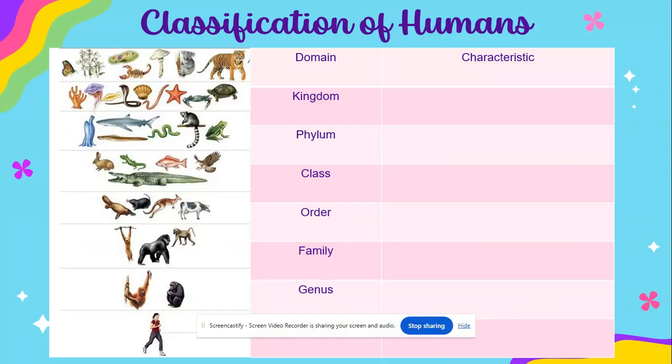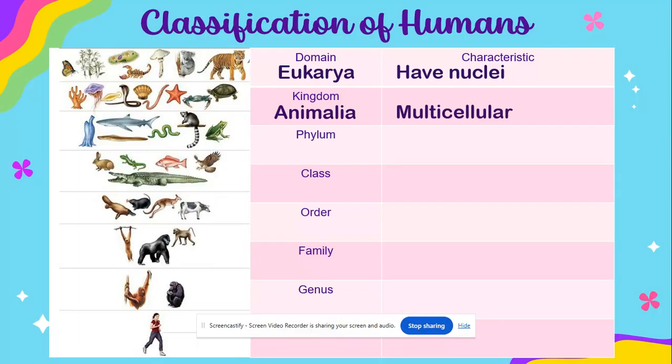Now we're going to go through the classification of humans from domain to species. So you'll copy down the name of each of our classifications and then the characteristic that's associated with that particular grouping. So we are in the domain Eukarya, which is all of the organisms that have cells with nuclei. We are in the kingdom Animalia, which means that we're multicellular.